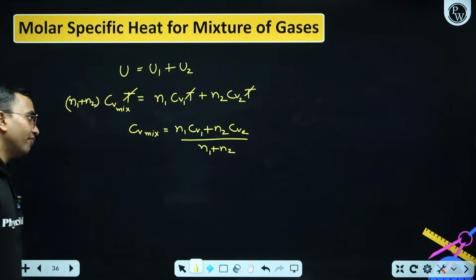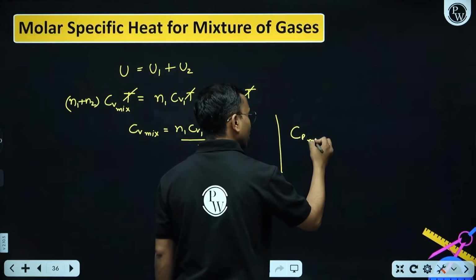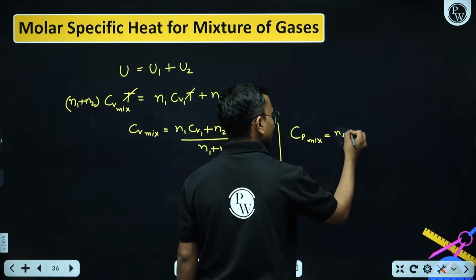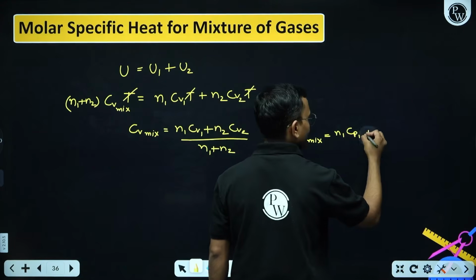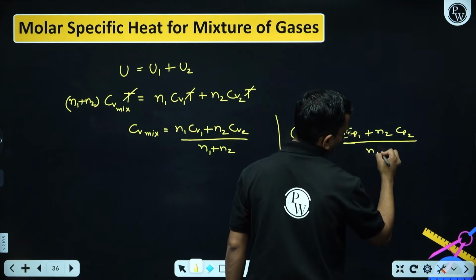Okay, same way I can say my Cp mixture is equal to N1 into Cp1 plus N2 into Cp2 divided by N1 plus N2.